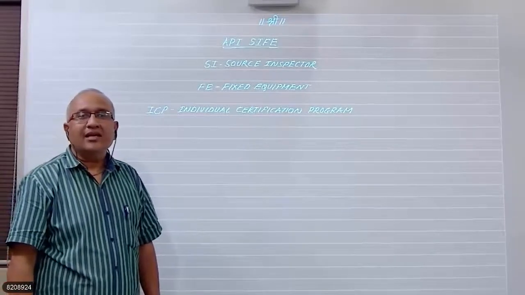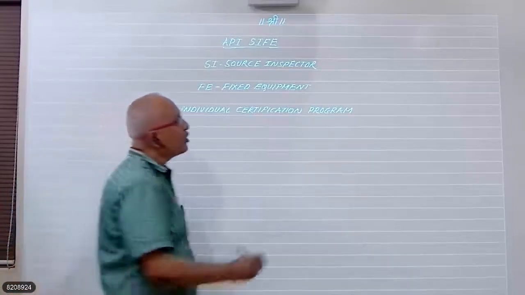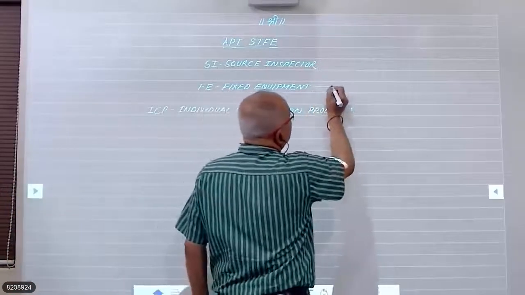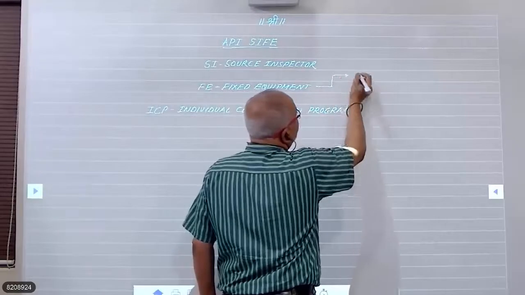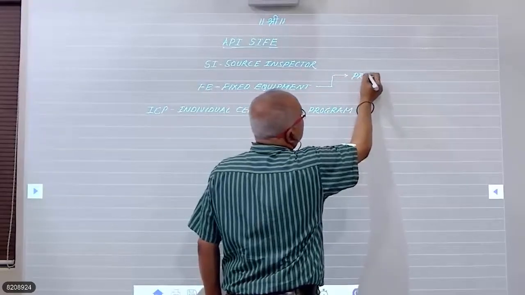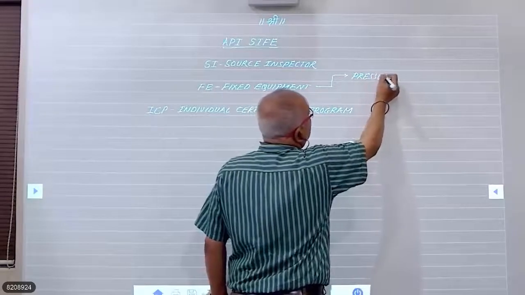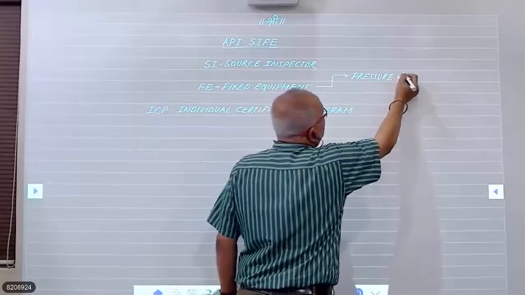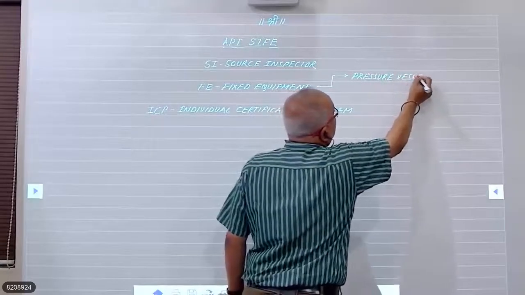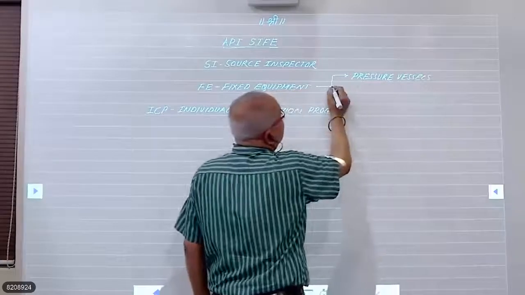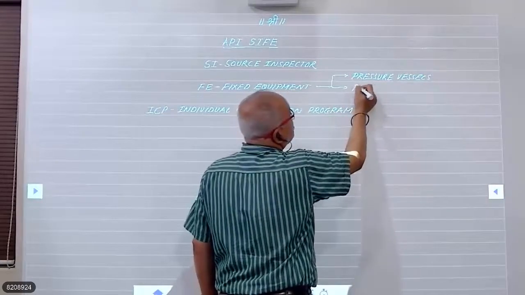So as I said, when you talk about fixed equipments, you are talking about three things. One is pressure vessels. Then you are talking about piping systems.